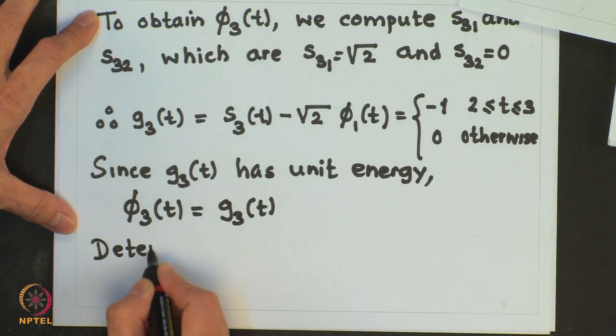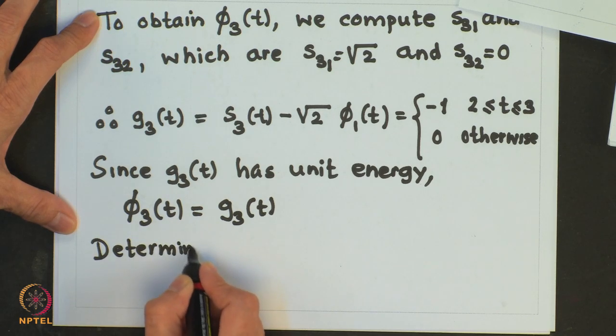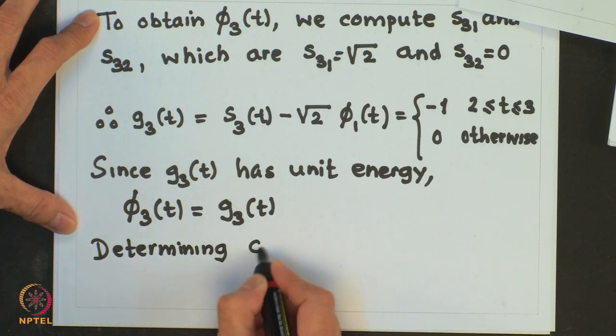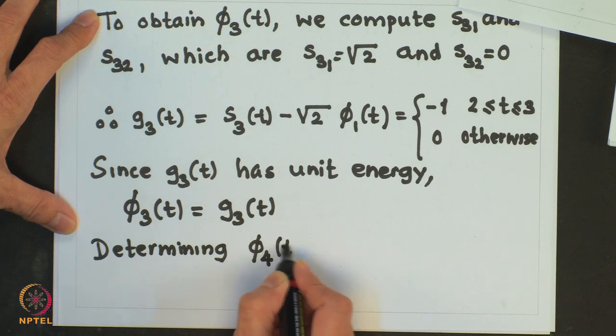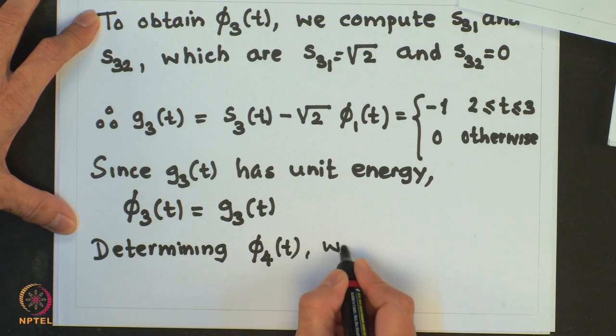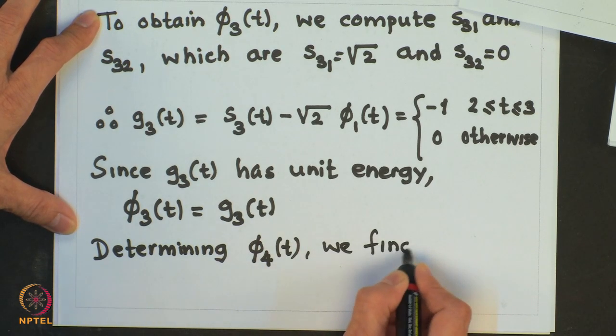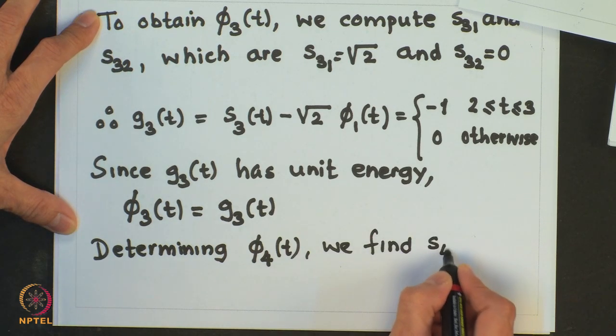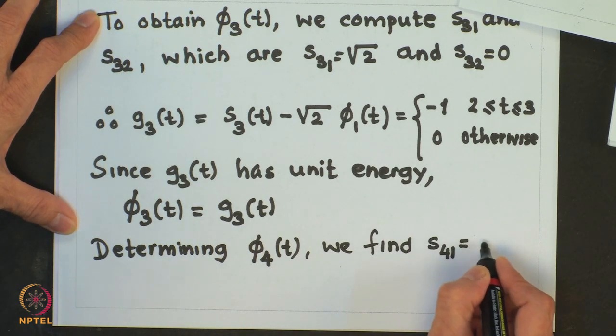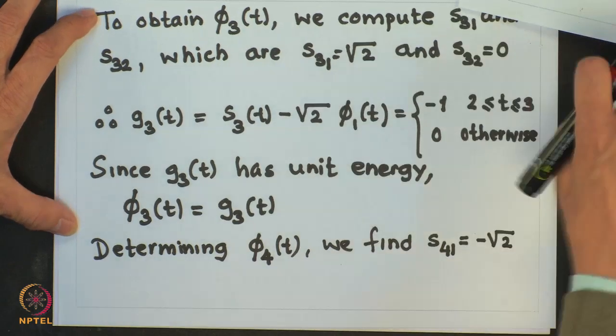So, to determine phi 4(t), we find s41 is equal to minus root 2, correct.